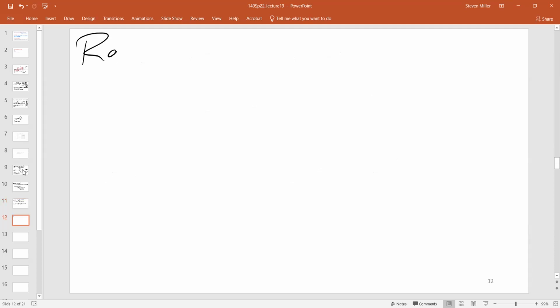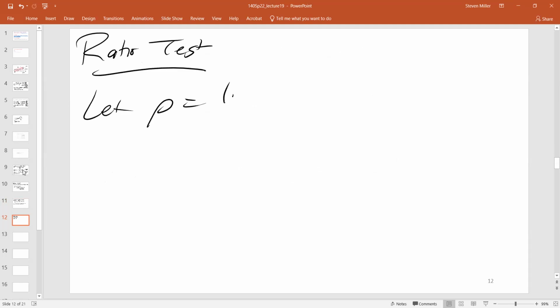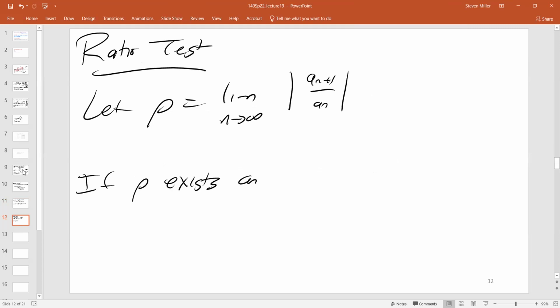So we have the ratio test. Let rho equal the limit as n goes to infinity of the absolute value of an plus 1 over an. If rho exists and rho is less than 1, it converges. Greater than 1, it diverges.